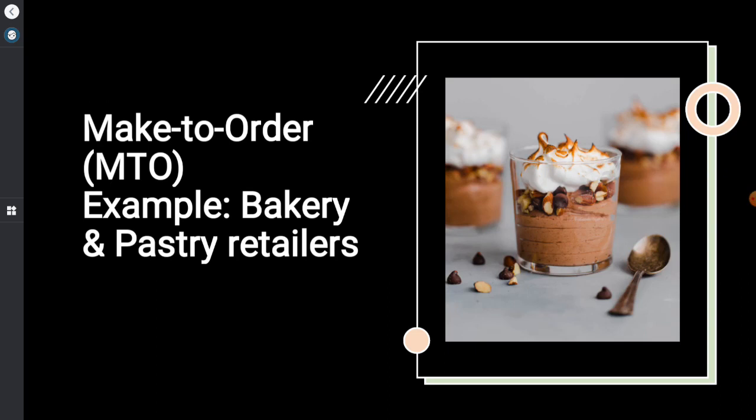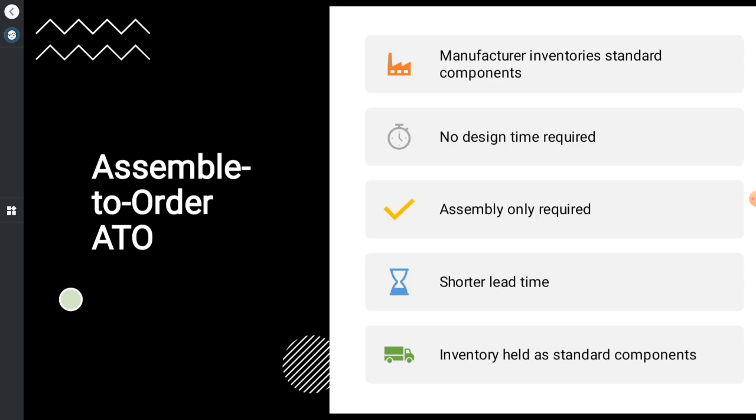Now let's move on to the third strategy, assemble to order, or ATO. And here the manufacturer keeps inventory of standard components, and there is no design time required. We already have the design.